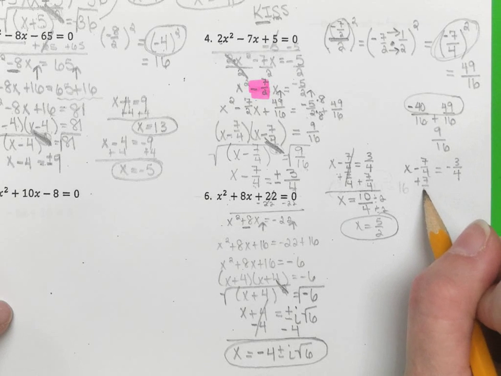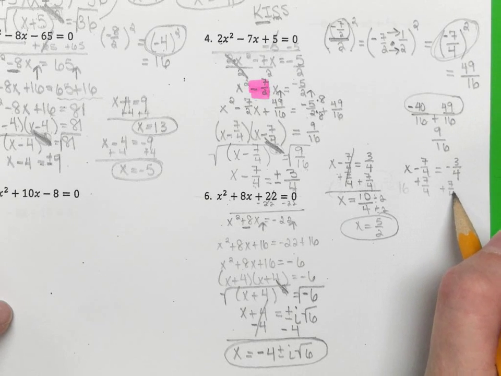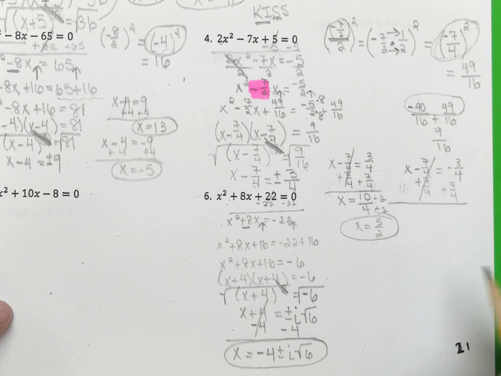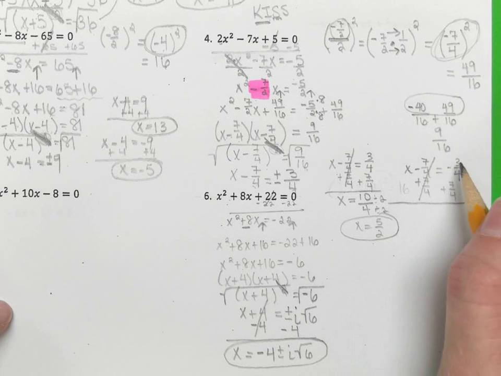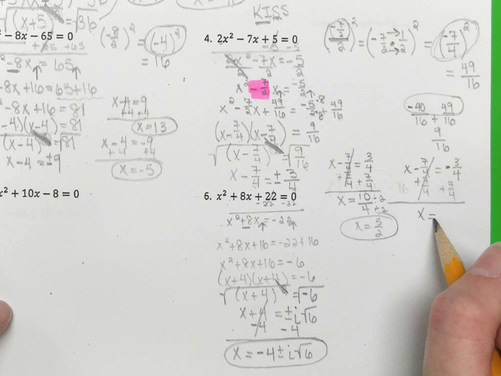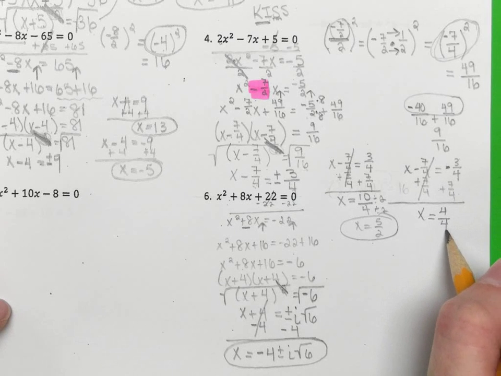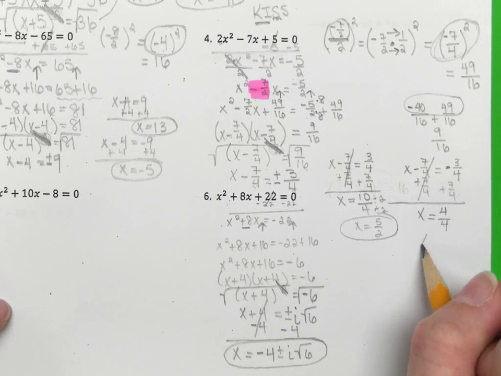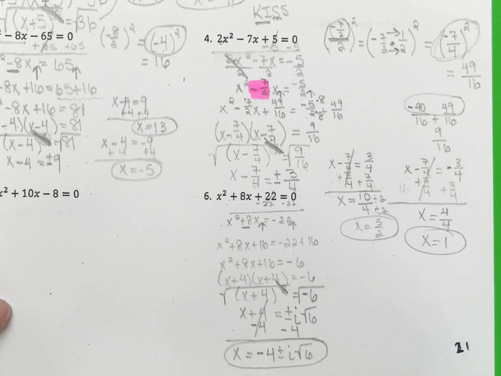Add it, there you go. Negative 3 plus 7, how much is that? 4, there you go. And you don't touch the denominator. 4 divided by 4 is how much? 1, there you go.